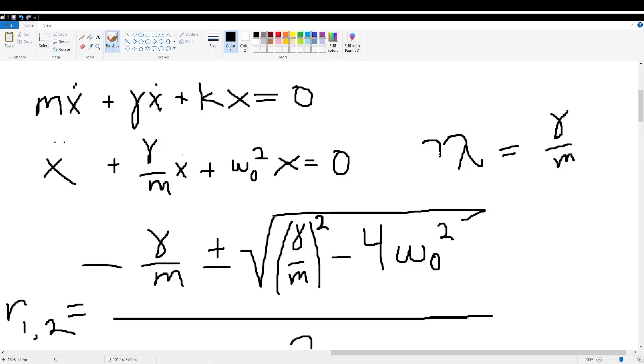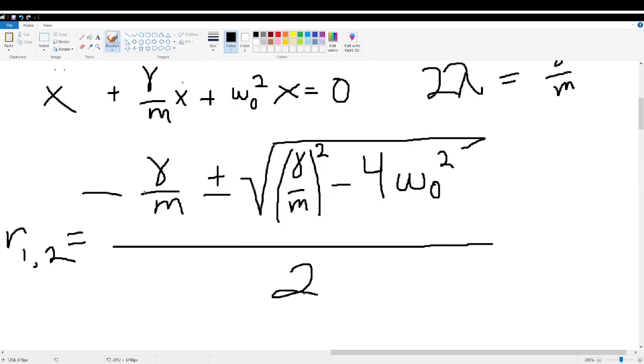But we also give it a factor of 2. Now let's observe what this would do. It would take this gamma over m and make it negative 2 lambda, which would cancel out with this. But we also have to worry about this case, where this would become 2 lambda squared, which is 4 lambda squared, minus 4 omega naught squared. And the 4's factor out, and then when you take the square root, you can simplify the 2.